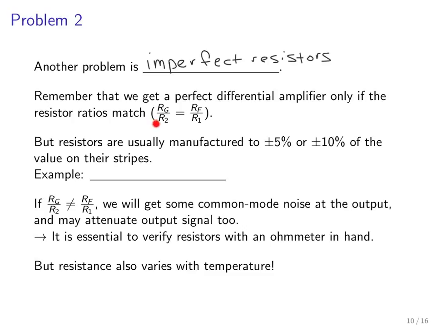That is, if the ratio Rg over R2 is exactly equal to Rf over R1. But resistors are usually manufactured to only plus or minus 5% or plus or minus 10% of the value that they report on their stripes. So for example, a 1 kilo ohm resistor, a very common value, could actually have a resistance anywhere between 950 ohms and 1050 ohms.